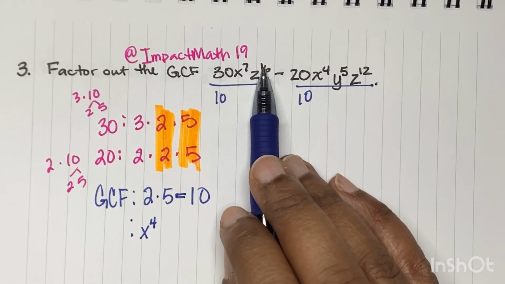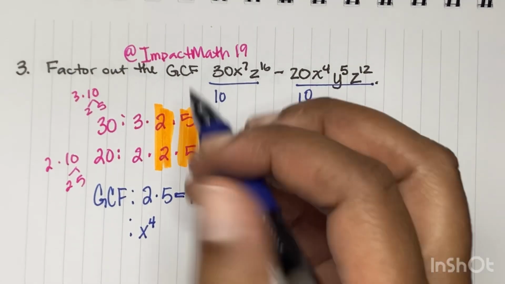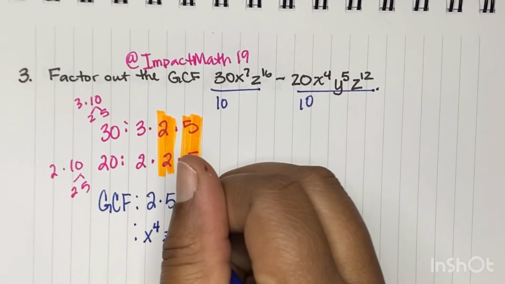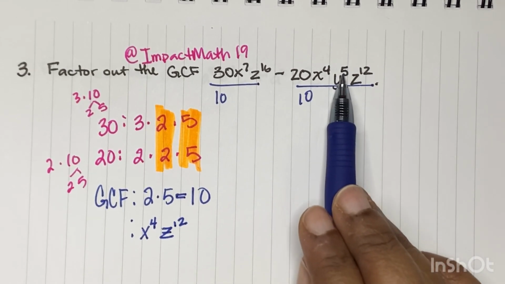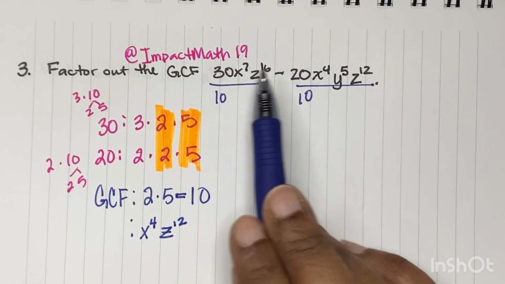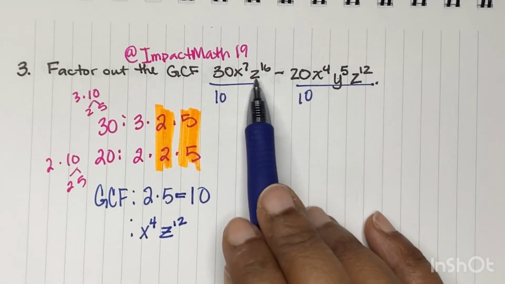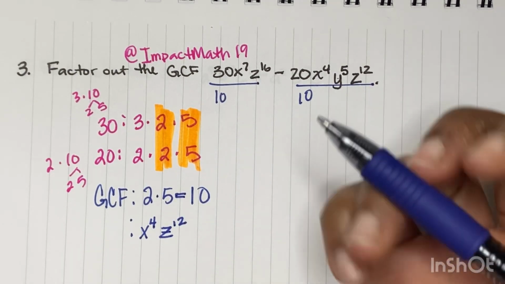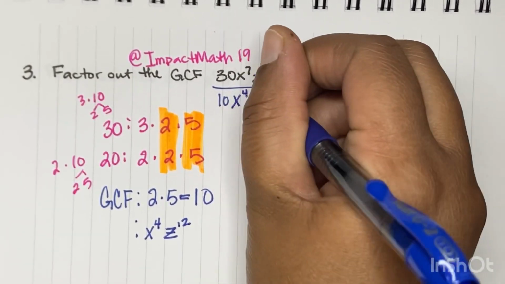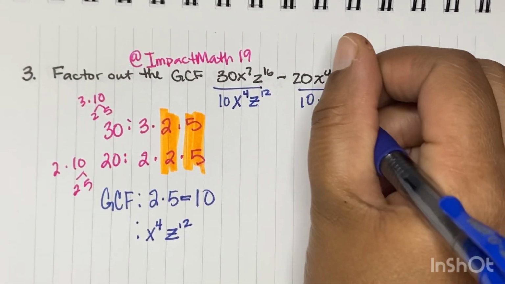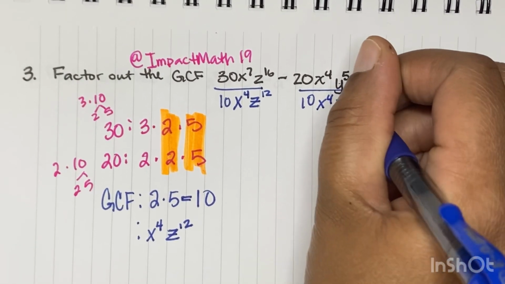Z to the 16th and z to the 12th. So we're going to do z to the 12th. All right. Now, you see how they have this y to the 5th here? There's no y's here. So we can't pull out a y because they both don't have y's. So then we're going to add this x to the 4th, z to the 12th. X to the 4th, z to the 12th.